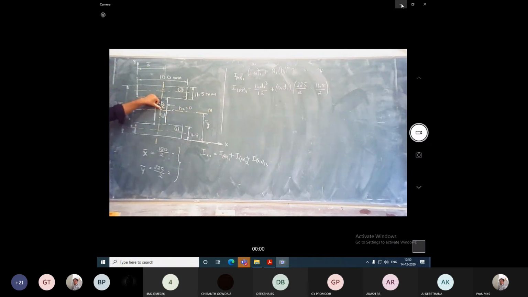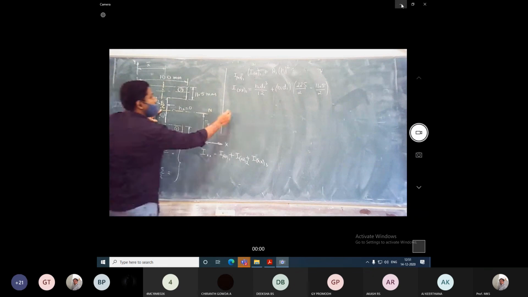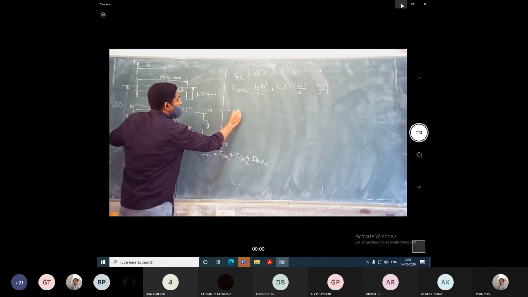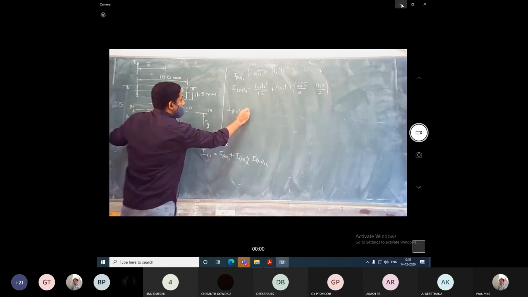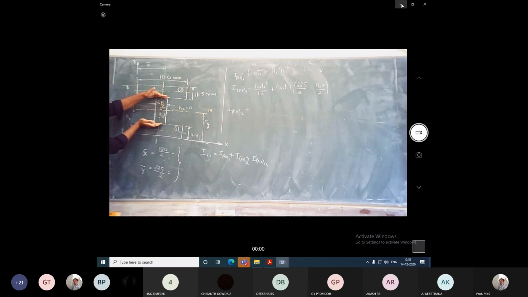There is no h2, since it is coinciding on this axis itself. So similarly, Ix2 for this second section, we are only considering this part of the section.